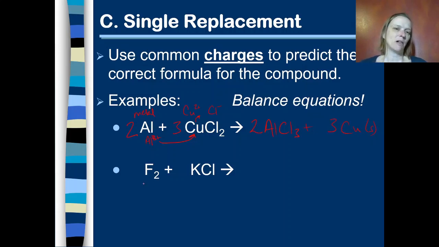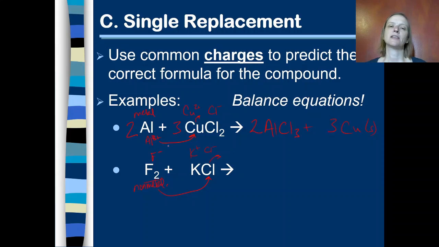In this example, my element is a nonmetal. Because it's a nonmetal, it's going to take the place of the nonmetal in the compound, not the potassium. And again, this is because fluorine is going to form ions with a charge of -1. Potassium is +1, chloride is -1.